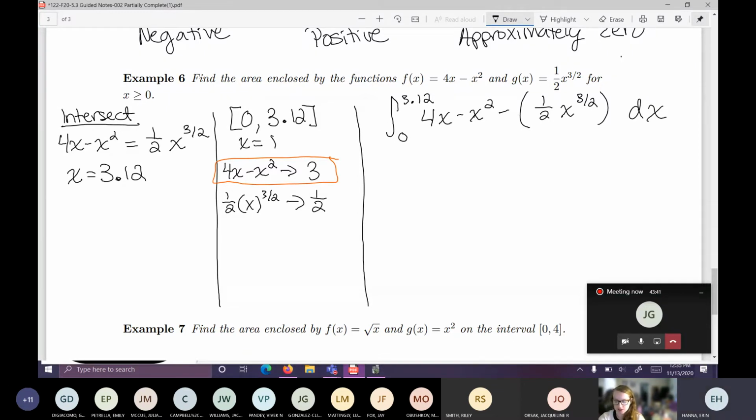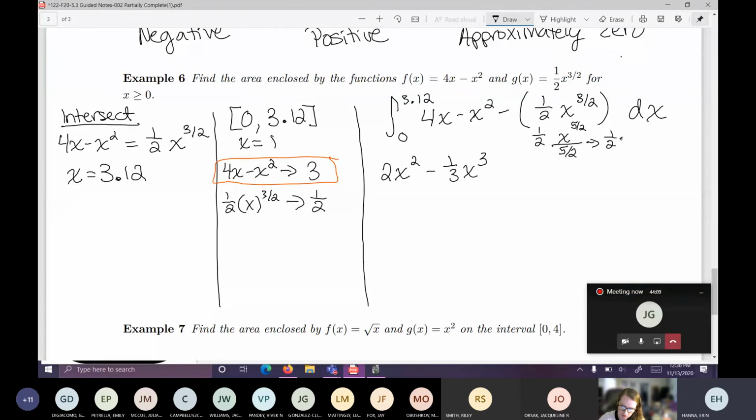Of course, you can type this into your calculator. I'm going to write down the antiderivative in case anyone has to do these by hand, but I'm not going to write down the top bound minus bottom bound step unless someone asks me to. The antiderivative would be 2x squared minus 1/3 x cubed. And I actually need to think about this one. That would be 1/2 x to the 3 halves plus 1, 5 halves, divided by 5 halves.